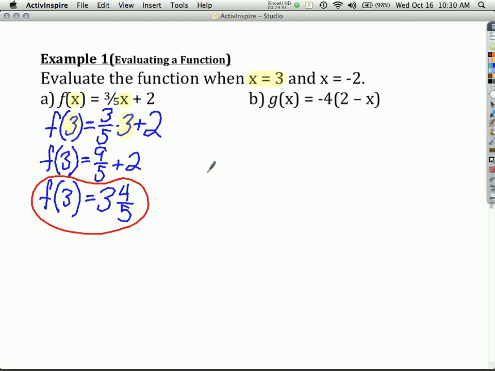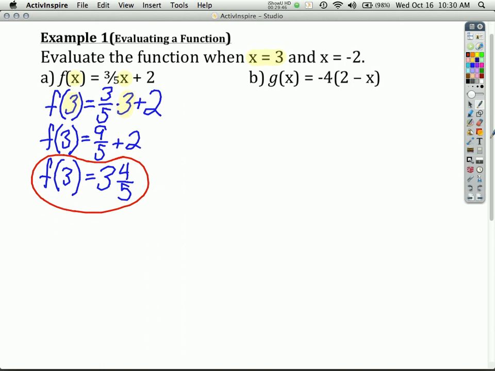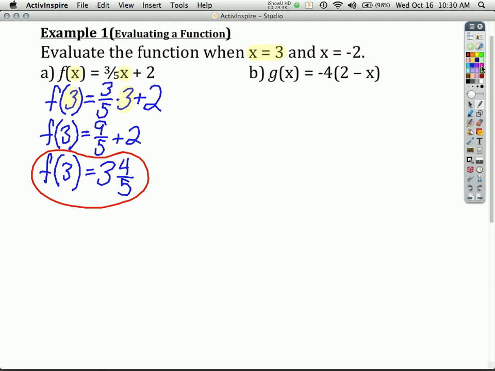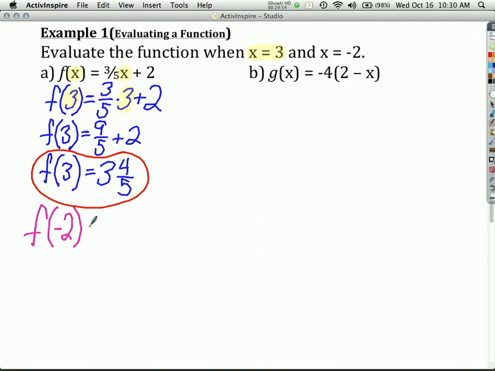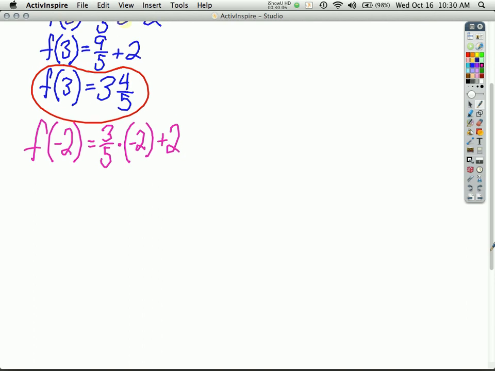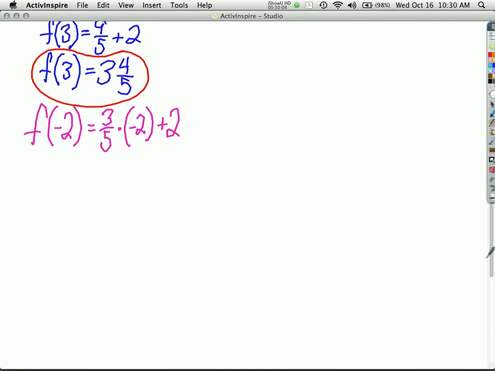Now we're asked to evaluate the function again when x is negative 2. So we're just going to follow the same process again. But this time, we're going to say f of negative 2 equals 3/5 times negative 2 plus 2. And just simplify. I mean, the rest is stuff you already know how to do.